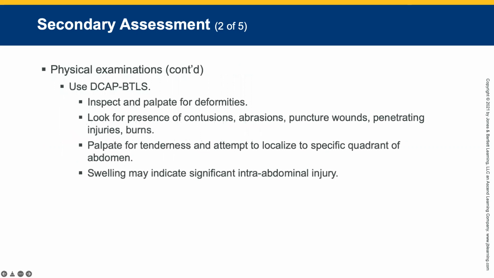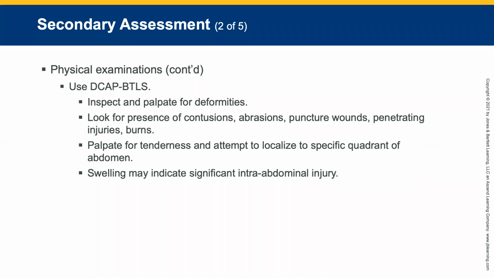Use DCAP-BTLS to help identify any signs and symptoms of injury. Use DCAP to inspect and palpate for deformities, and look for the presence of contusions, abrasions, penetration. So let's go back over our DCAP-BTLS. Palpate for tenderness and attempt to localize. Remember, if we're palpating the abdomen, we want to start on the opposite side of the injury.